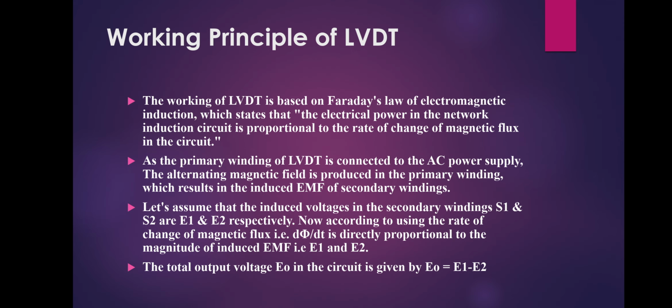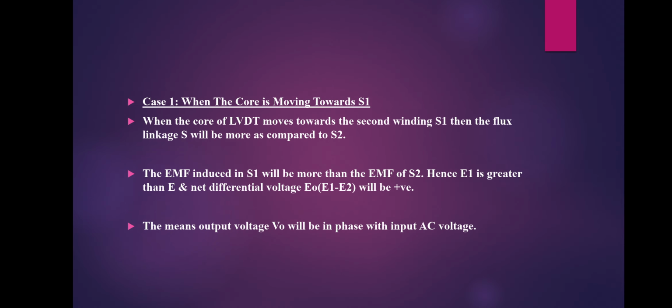Let us assume that the induced voltages in the secondary windings S1 and S2 are E1 and E2 respectively. The rate of change of magnetic flux, dφ/dt, is directly proportional to the magnitude of induced EMF, that is E1 and E2. The total output voltage E0 in the circuit is given by E0 = E1 - E2.